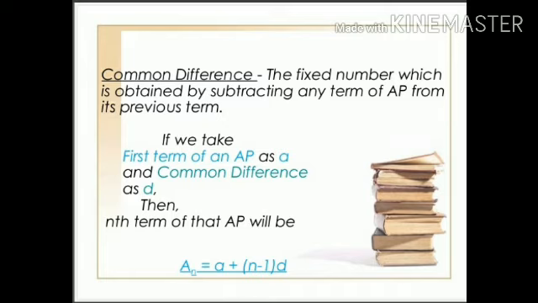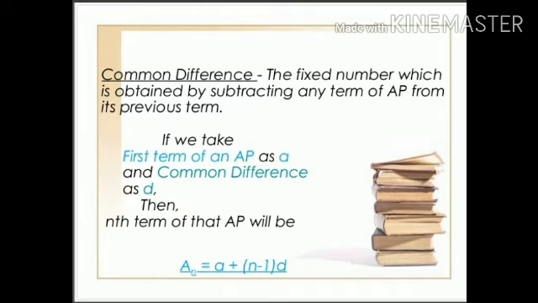What is the common difference? The fixed number which is obtained by subtracting any term of an AP from its next term. Dear students, when we subtract any preceding term from a term of an AP, we get the common difference.